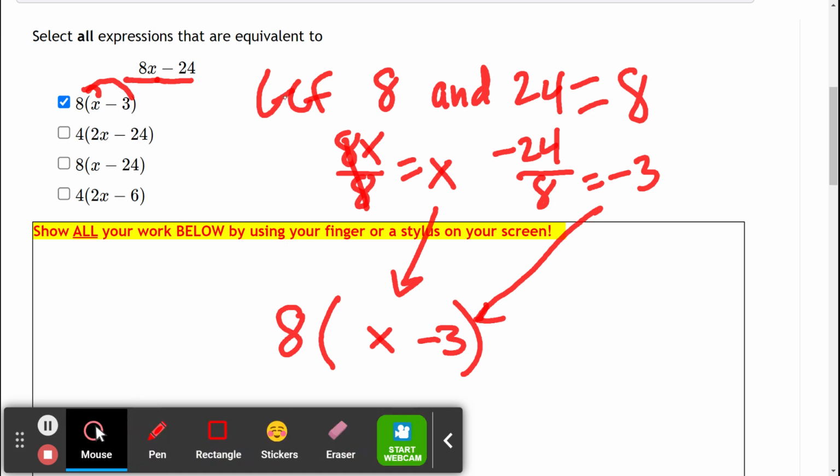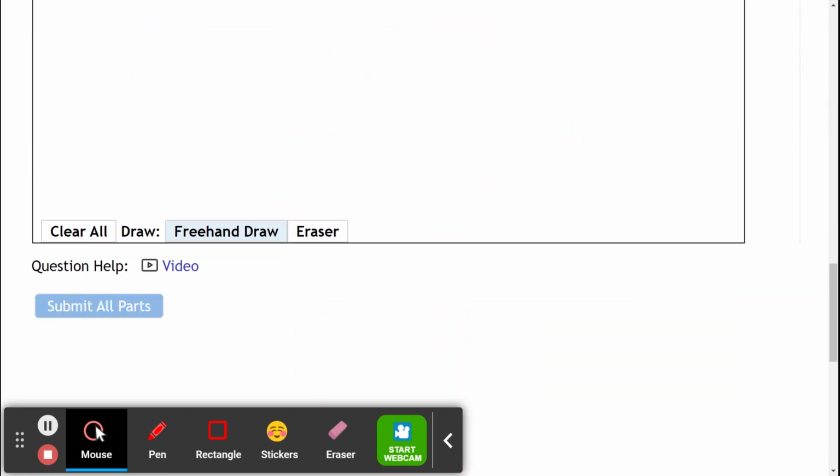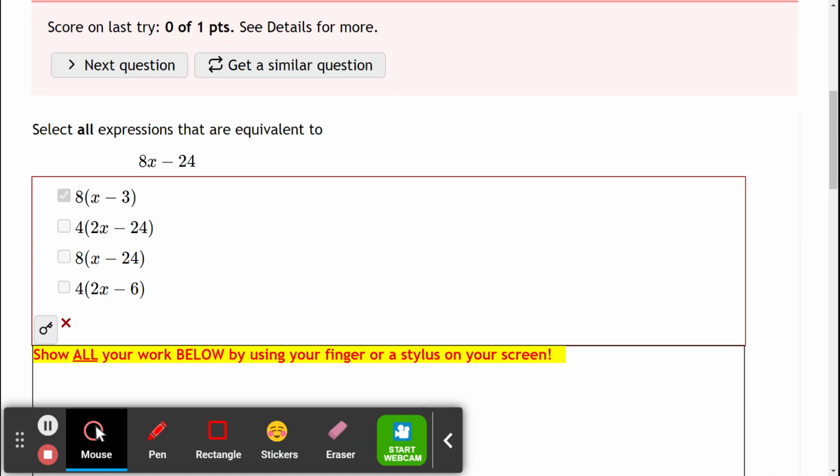So I'm going to bring this down here to submit that. Oh, something's wrong, because I didn't select all of them. Usually when you factor, I was stuck in the idea that I have to use the GCF.